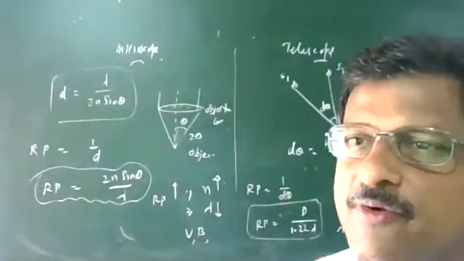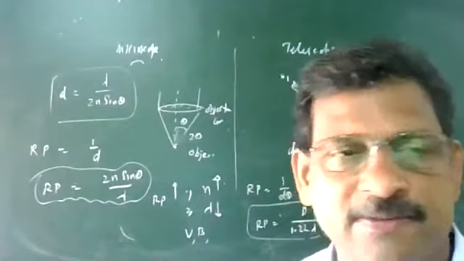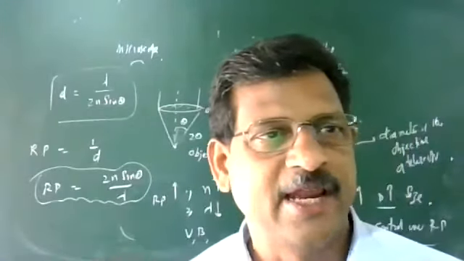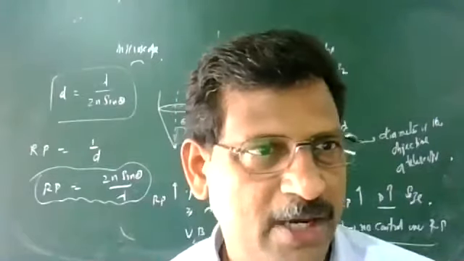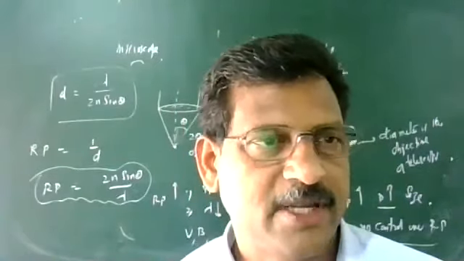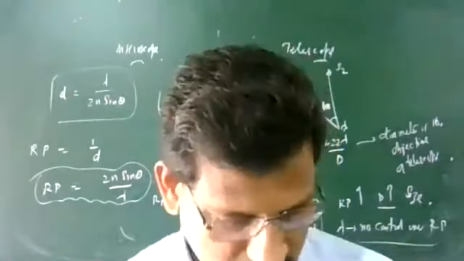D theta for the human eye is 1 minute. If it is less than that, we cannot see the images clearly.